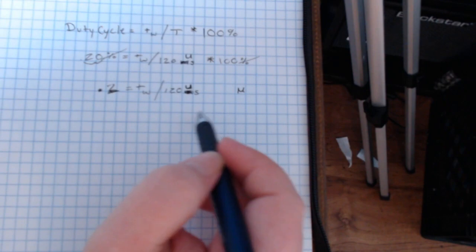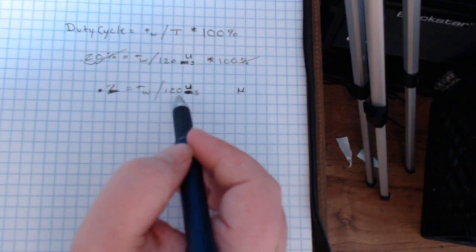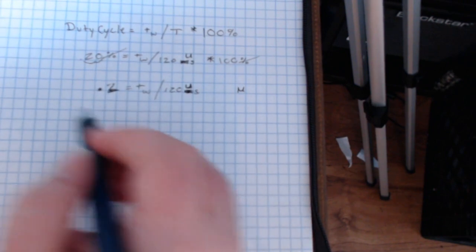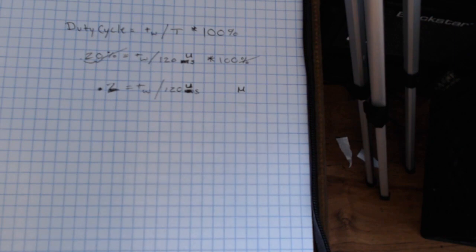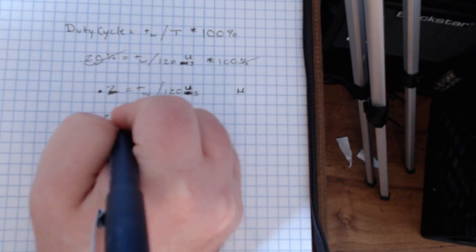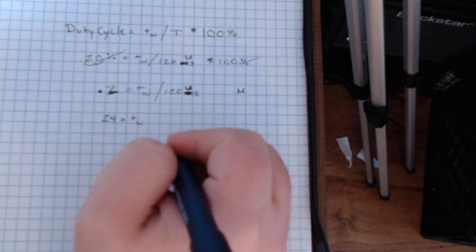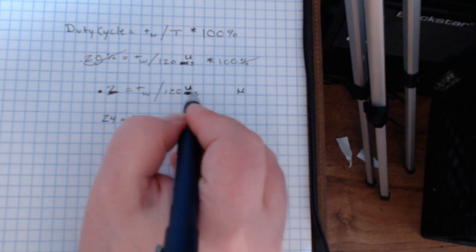All right. But what we're doing is going to be the same thing. So we're going to take that 120, multiply it with 0.2, and that is going to give us 24. So 24 will equal there. Bam. Now, very specifically, this is 24 microseconds.